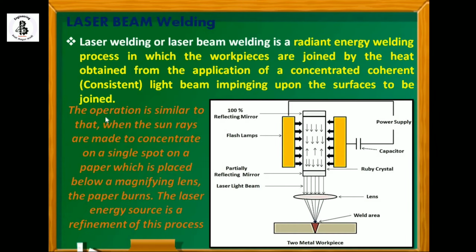The operation is similar to when sun rays are concentrated on a single spot on a paper placed below a magnifying lens. The paper burns. The laser energy source is a refinement of this process. That is the basic principle applied for making a joint.